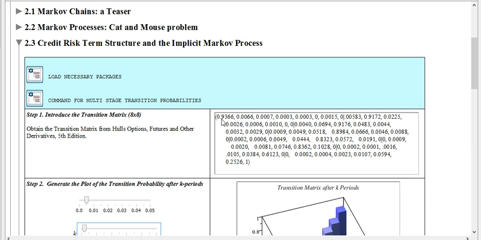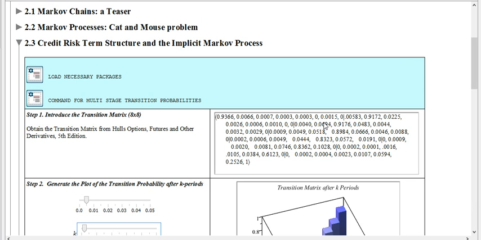So we will start from AAA and we will end in default. From AAA to default, there are different probabilities of moving from this stage to this, from this to this, and so on and so forth. We can also see it in reverse. This probability table is a very useful one and will allow us to get a sense of how the spreads between different credit qualities are established.